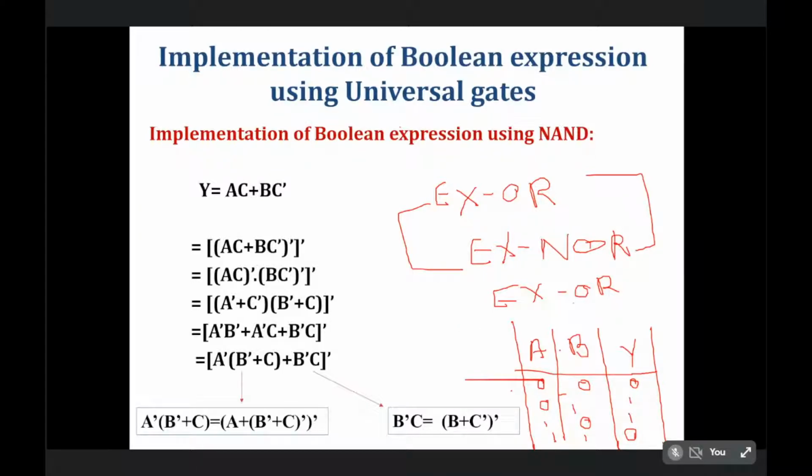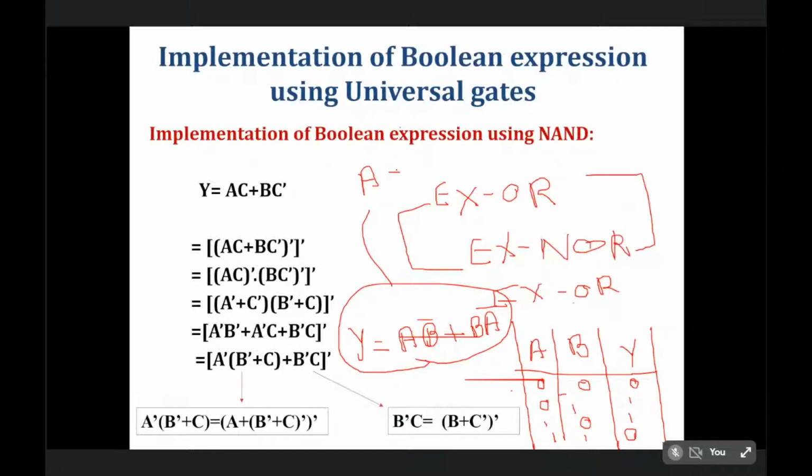If we solve this truth table, the function will be A B bar plus B A bar. Okay. So this is the exclusive OR gate, and we indicate this exclusive OR gate with this sign.